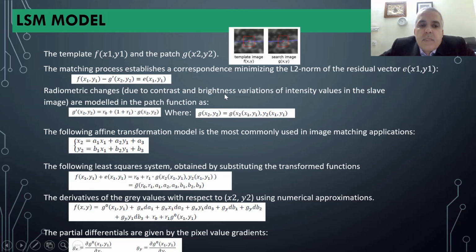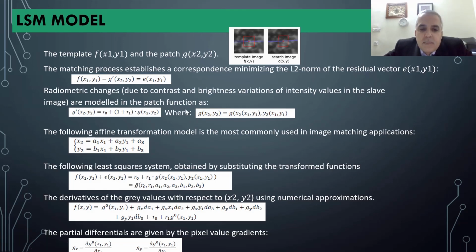This is for the radiometric and contrast value in order to adjust both the template and search window. And G2 is for the affine transformation. This G2 of x2, y2 is represented as you can see here. We will modify these values in order to be fitted based on the affine transformation.